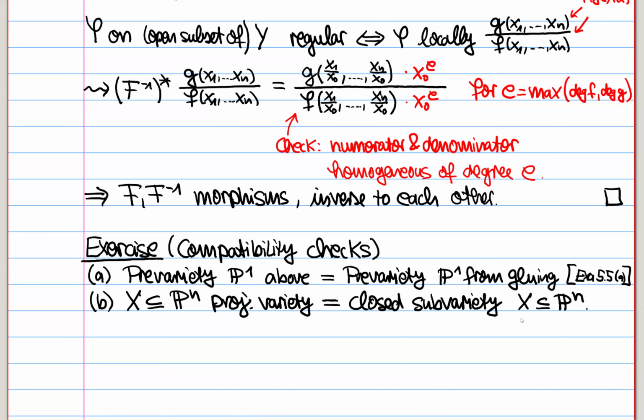So we are now in this position that on X we have two structures of pre-varieties, and the exercise would be to check these are actually compatible. These give the same structure. So everything that we did so far fits together nicely, and no matter how you try to put the structure of a pre-variety on X, you'd always get the same thing. Okay, and then next we're starting to approach the problem of how do we show that this pre-variety structure is actually a variety.